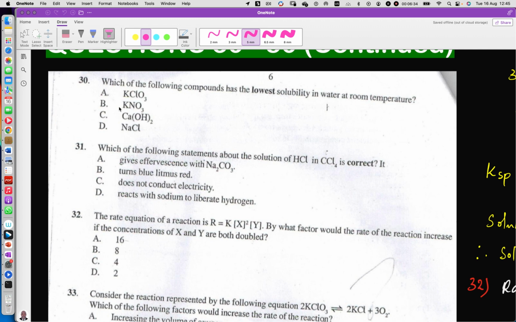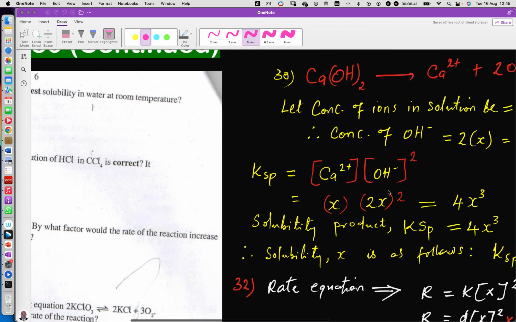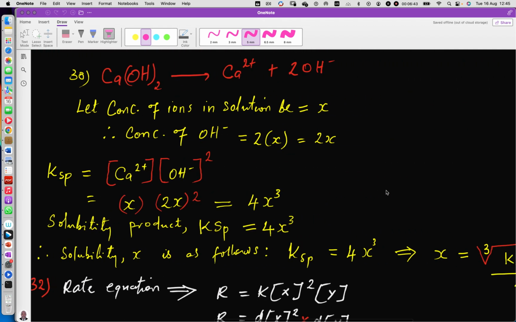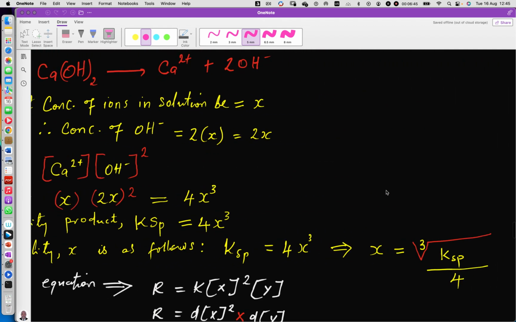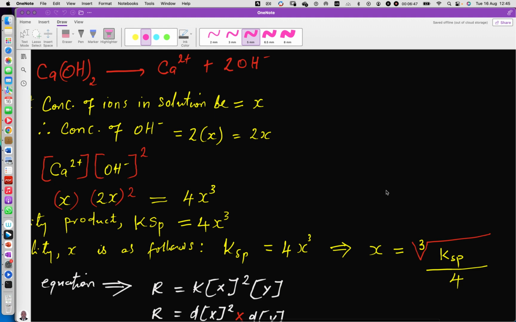And if you want to look for the value of X, it will just be the square root of the KSP. Unlike in this other case, where the value of X is KSP divided by 4, and we look for the cube root.